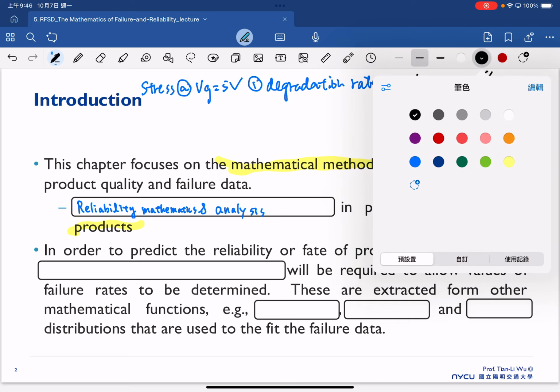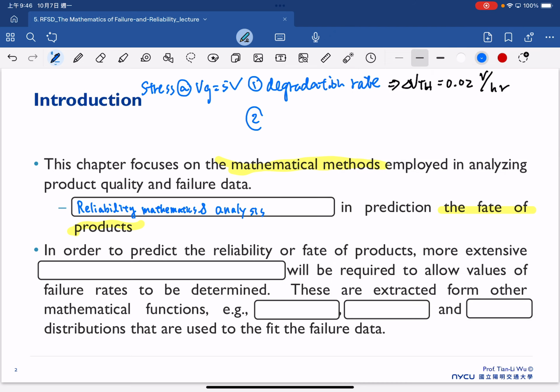And our target criteria for the value, if we set the criteria that the device, once the threshold voltage has reached this condition, is considered as a complete failure. So the criteria to make sure that the device is in the range of the acceptable threshold voltage.